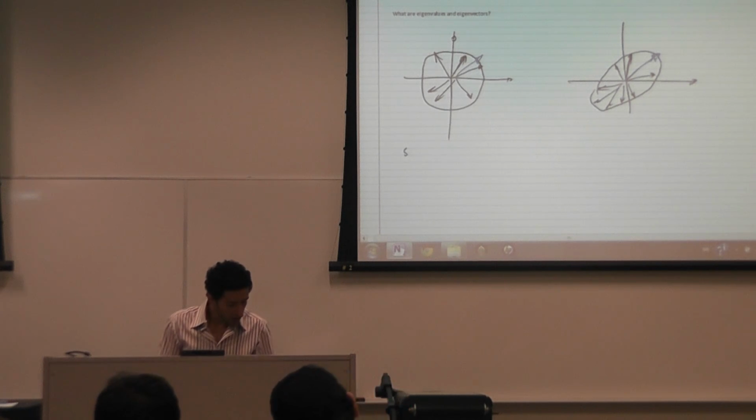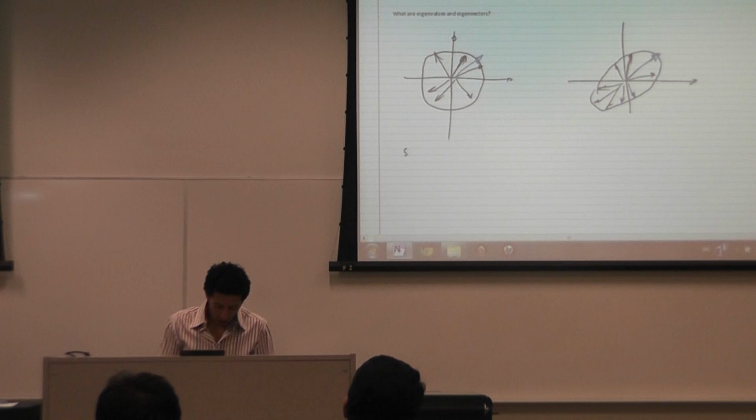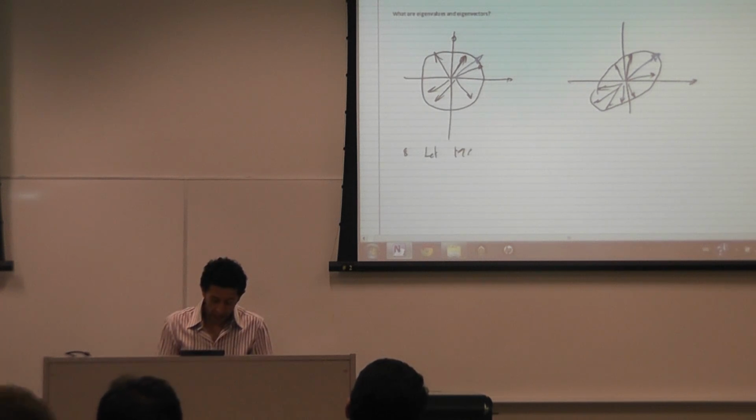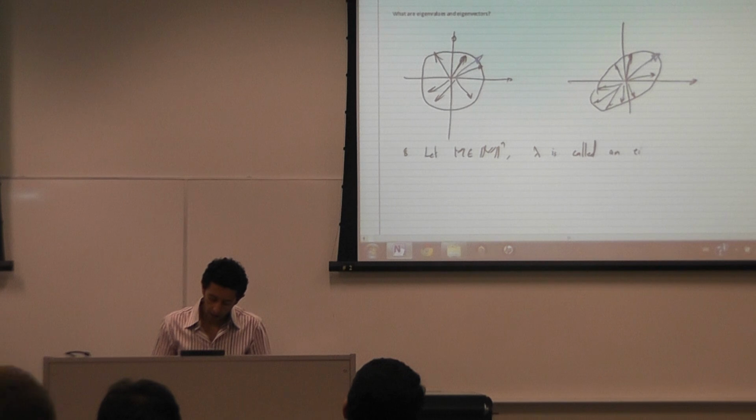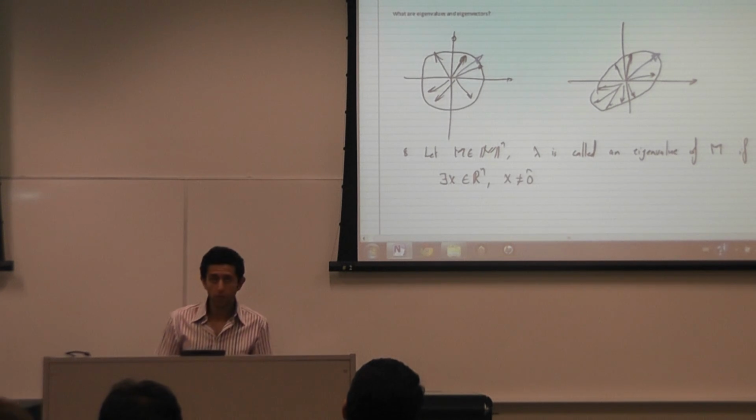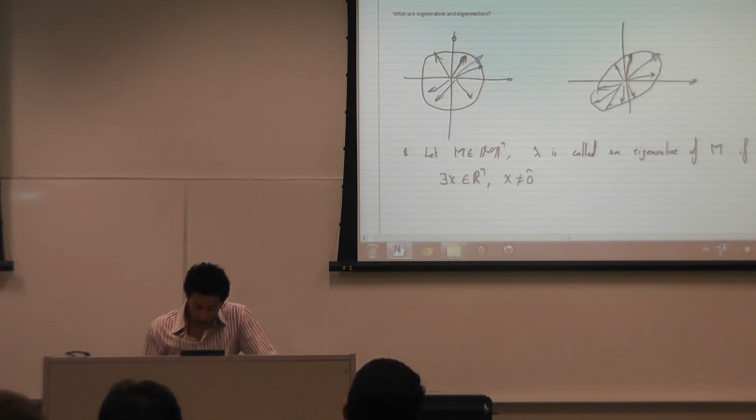So the definition is as follows. If M is an n by n matrix, lambda is called an eigenvalue of M if there is a vector x, which is not the zero vector, such that when I take the image of x, which is Mx, it's actually a multiple of the original vector x.